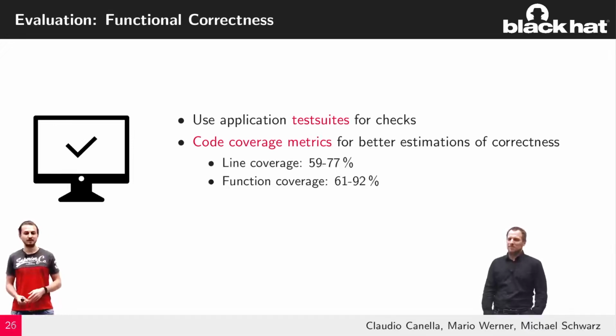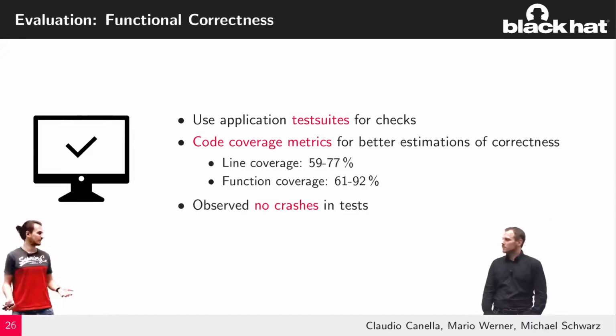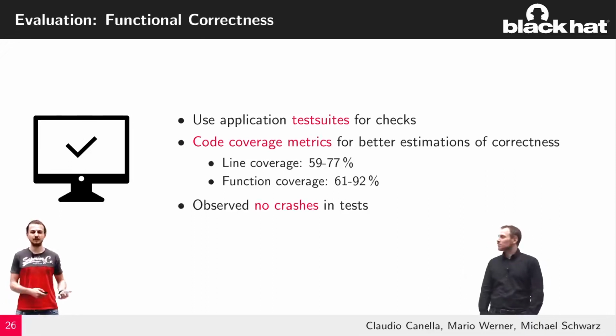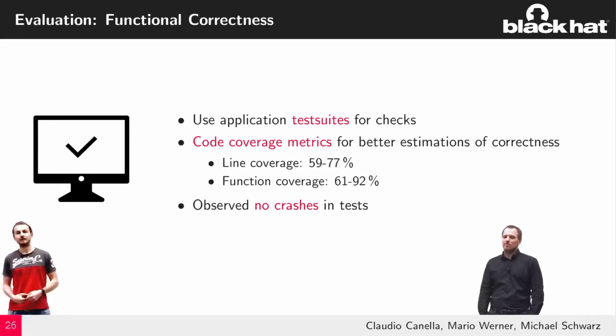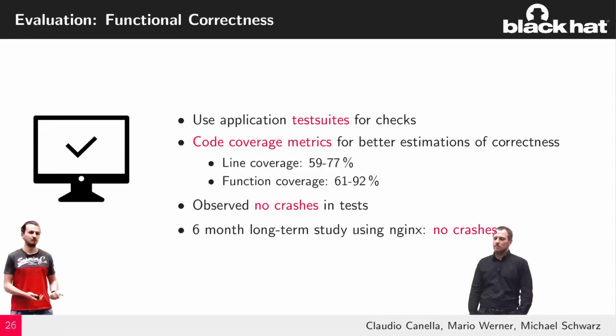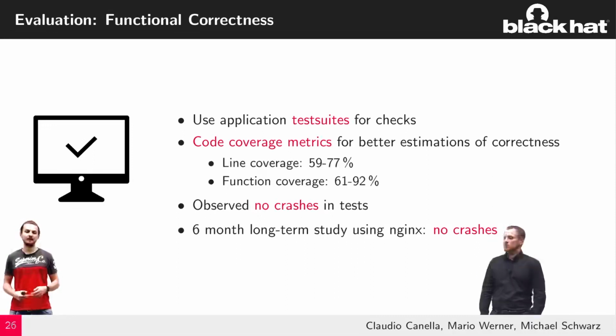What we've also seen in these tests is that we observed no crashes, which is nice. It shows that at least for the main parts that are covered by the test suites, we are able to extract everything that is necessary. Additionally, we performed a 6-month long-term study using Nginx, hosting one of our websites with it, and we observed no crashes over those 6 months.